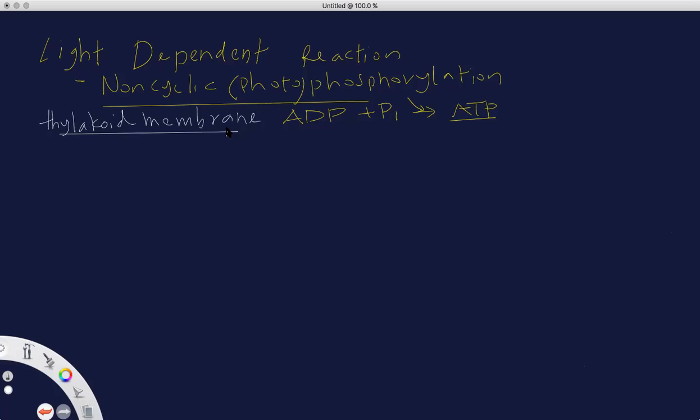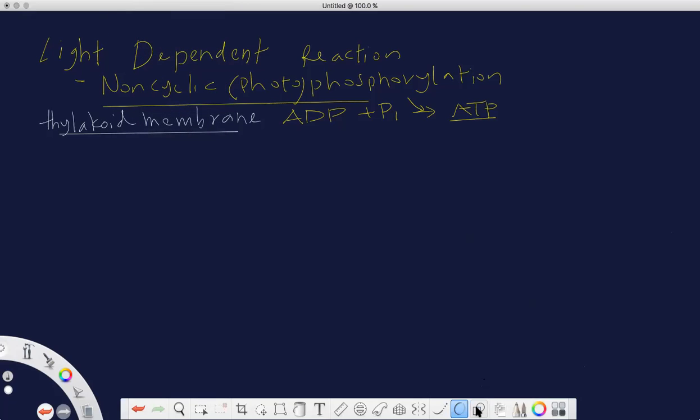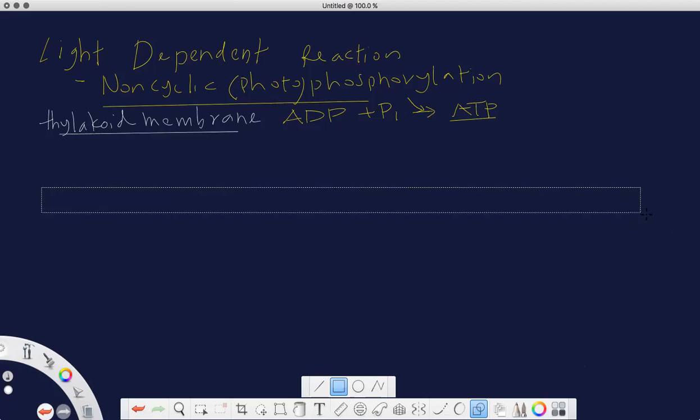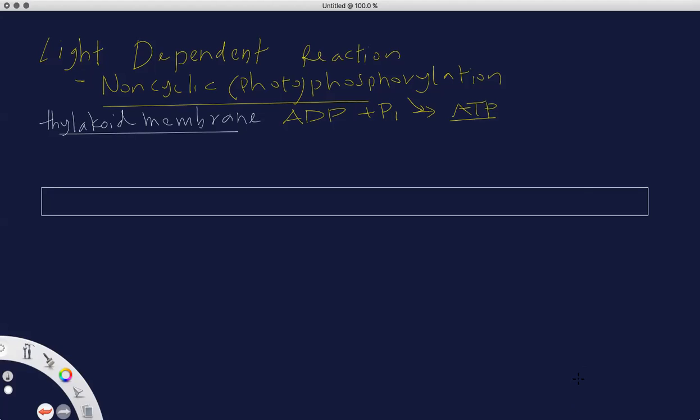Okay, so what I'm going to add is a thylakoid membrane. So I use a box or a long rectangle. This represents part of the thylakoid membrane.